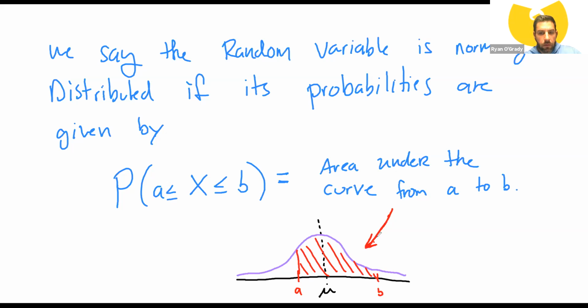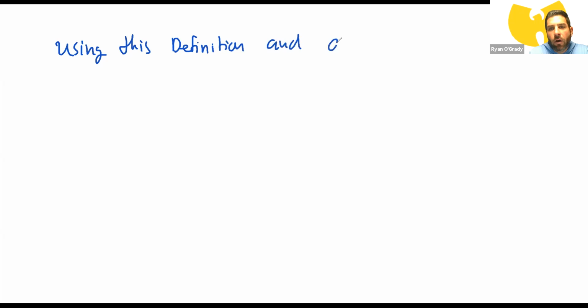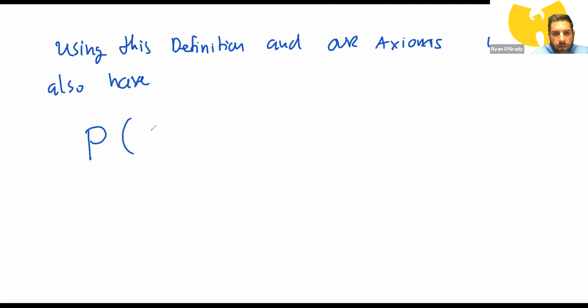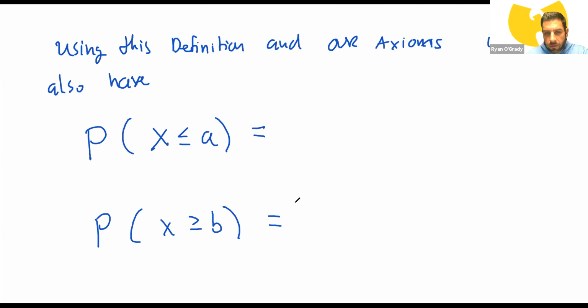So using this definition, and our axioms that we stated many, many lectures ago, we also have, for example, the probability that x is less than or equal to a equals an area, which we'll draw in a second, and the probability that x is greater than or equal to, say, b is going to be equal to some area. So let's just sketch these things quickly.